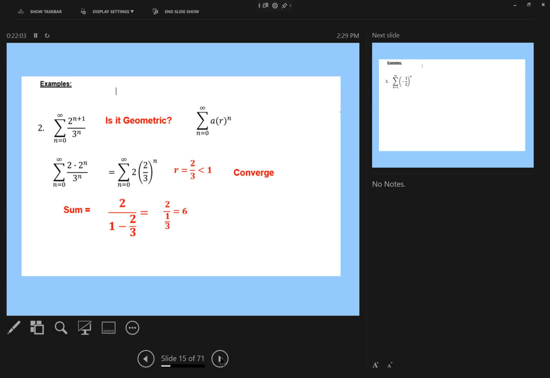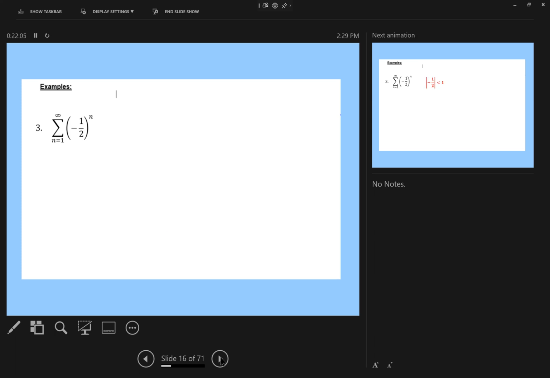Everybody good? All right. What about this one? Is it geometric? It's okay for r to be negative, right? What's the a out in front? A 1. No problem. Geometric. Is the absolute value of r less than 1? Remember, we don't care if it's negative. So this converge or diverge?